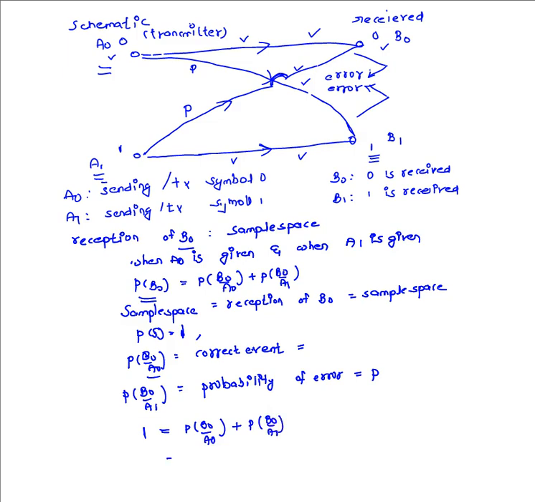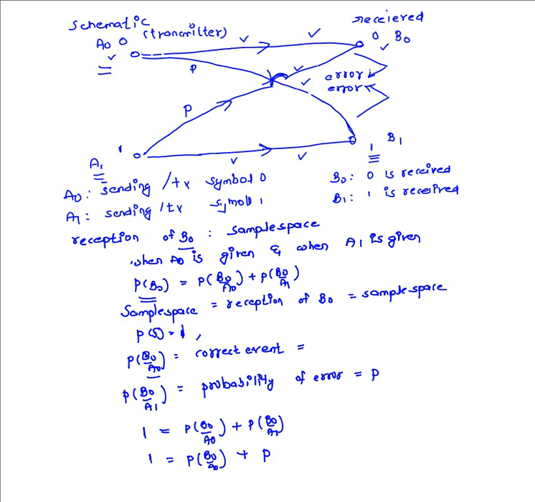This means 0 could be received when 0 was transmitted, and also 0 could be received when 1 was transmitted. And we know the probability of error, the probability of receiving 0 when 1 was transmitted, and we need the probability of correct reception, that means receiving 0 when 0 was transmitted.